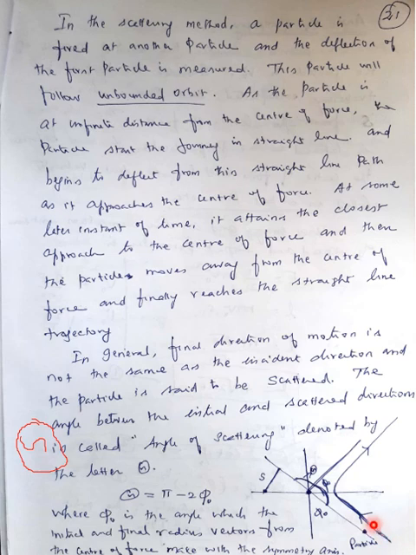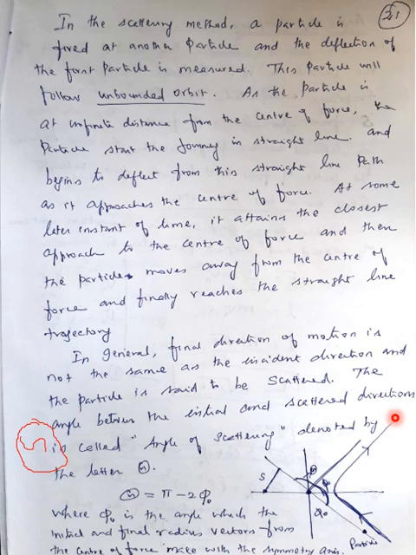So what will be the value of this theta? Theta is equal to pi minus 2 pi naught. What is pi naught? Pi naught is the angle which the initial and final radius vectors from the center of force make with the symmetry axis.